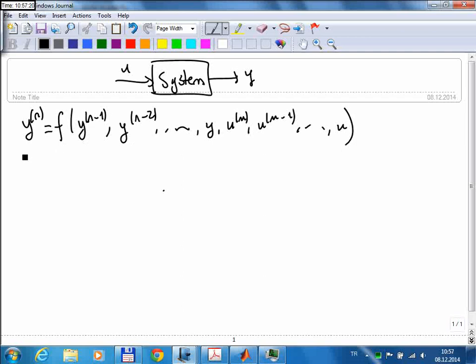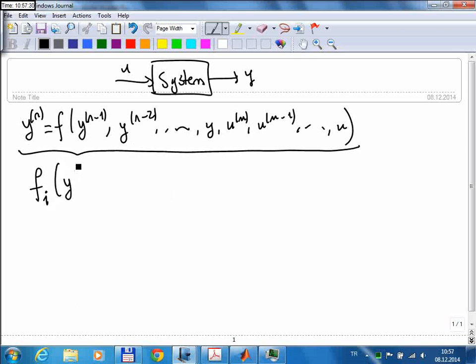So I can also write this equation in implicit form, in which case it will be, and I should call it a different name, Fi, is equal to 0.